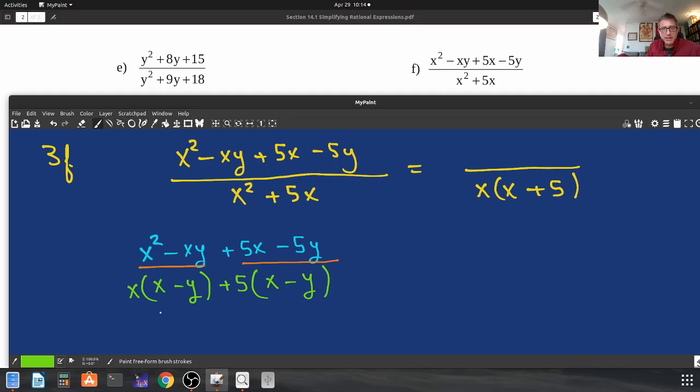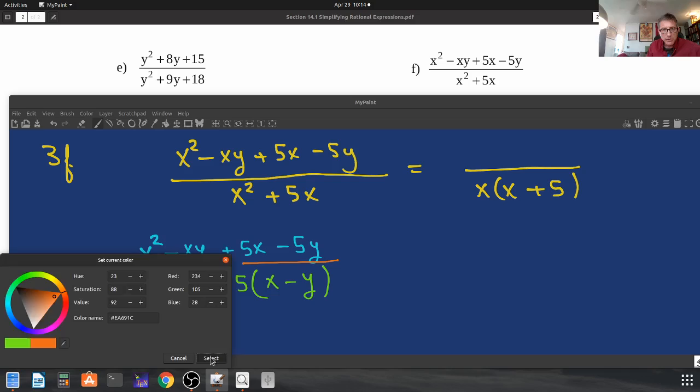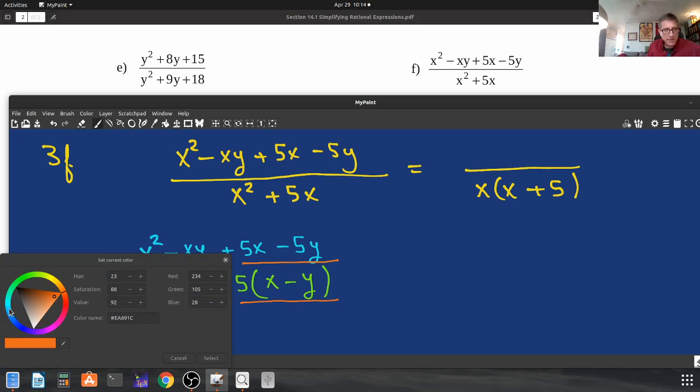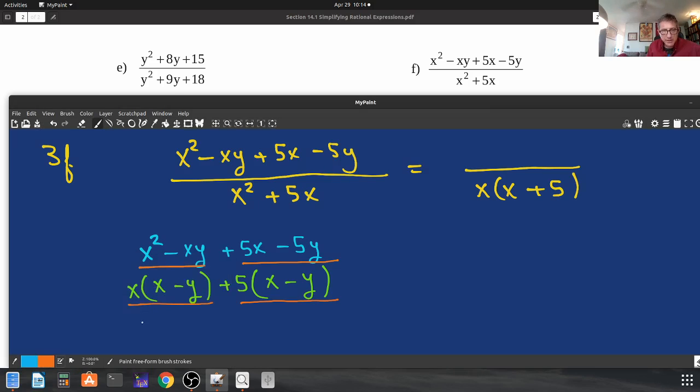And now we're ready to go again. I've taken 4 terms, and now I only have 2 terms. So I've reduced my terms down by half. Now, of these 2 terms, the only common factor is x minus y.